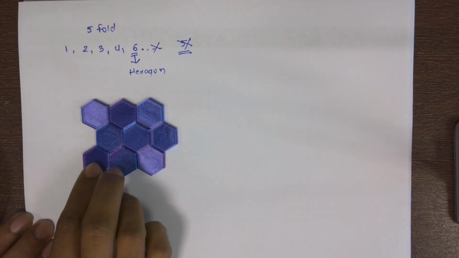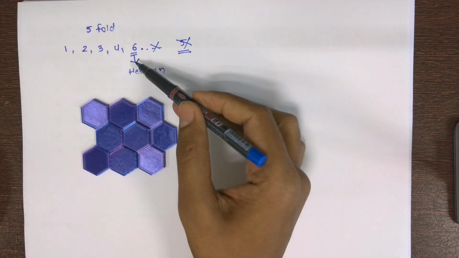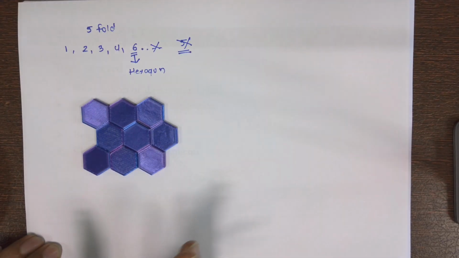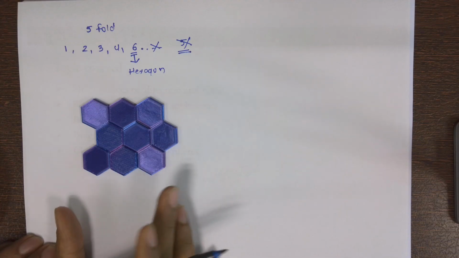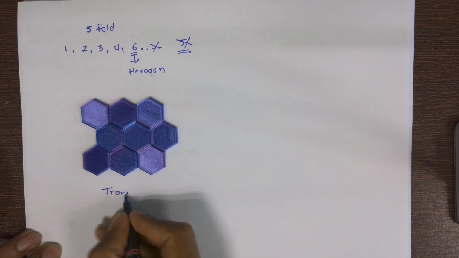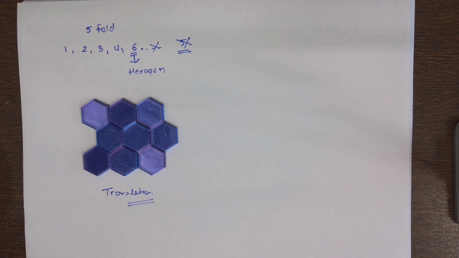This is why we say that sixfold, which is a hexagon, follows one of the necessary conditions to be considered under crystallography: it is translationally equivalent. It's showing the translation symmetry.